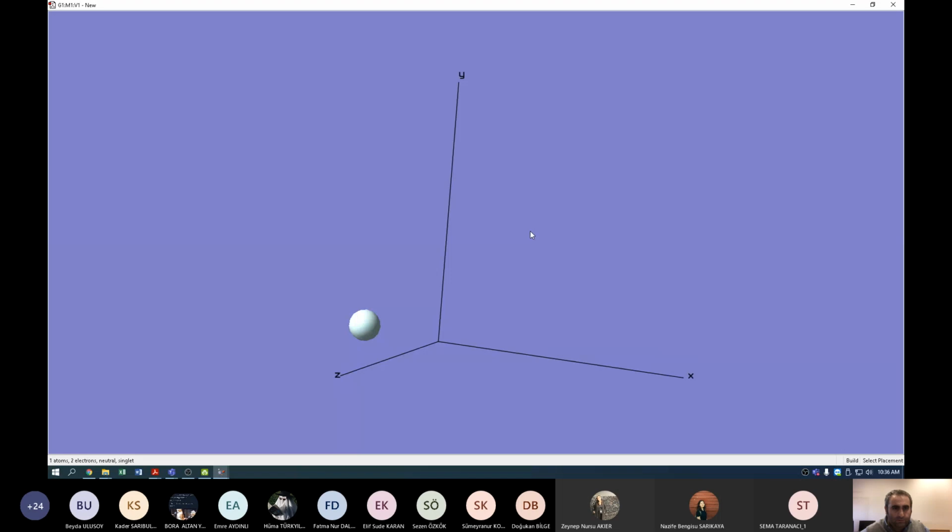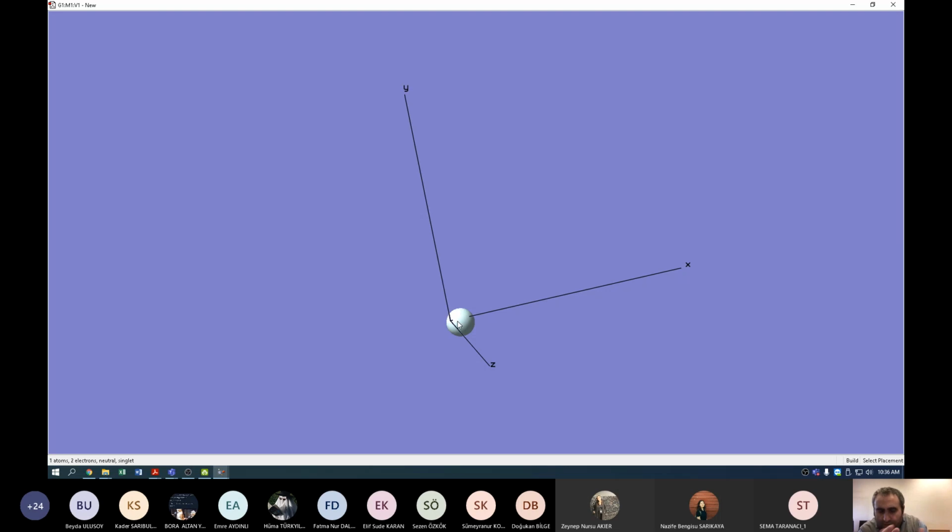So let me do this. As you see, I can move this this way, or that way, or this way. So nothing more, right? All the motions that this molecule can have is called translation. Okay, all of the energy component is due to translation, right?